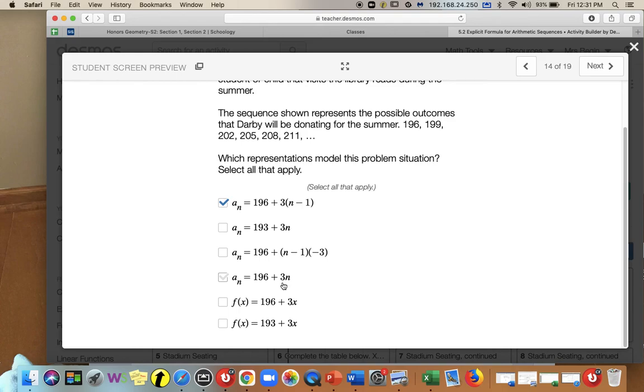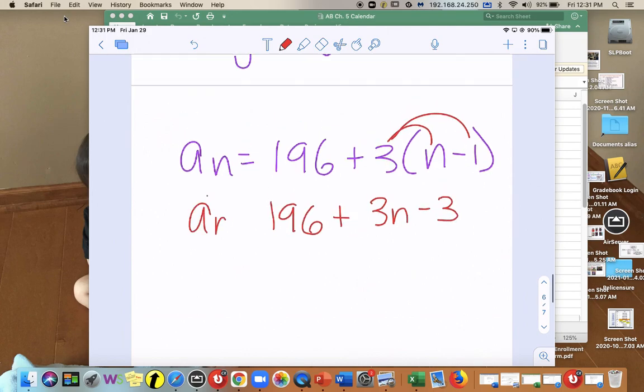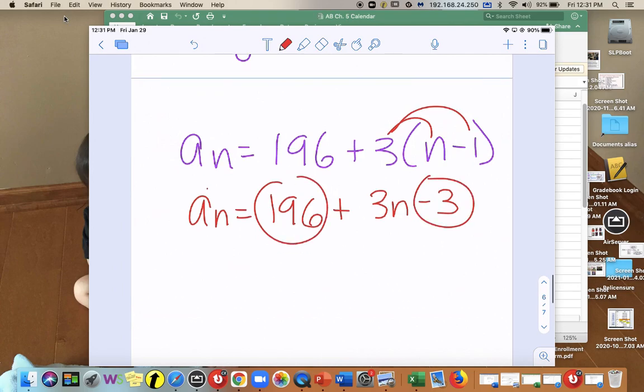And then let's distribute and simplify. So again, we have a sub n equals 196 plus $3 every time. And again, what this does is it just shifts it back to the y-intercept. So we have 3n minus 3. So really what we're doing is we're going backwards 3 terms.